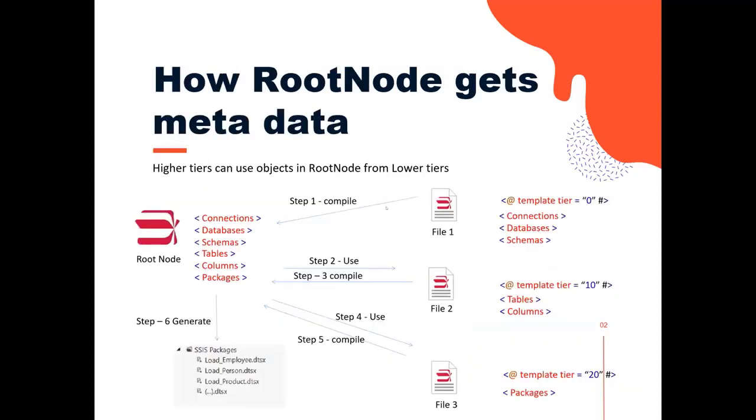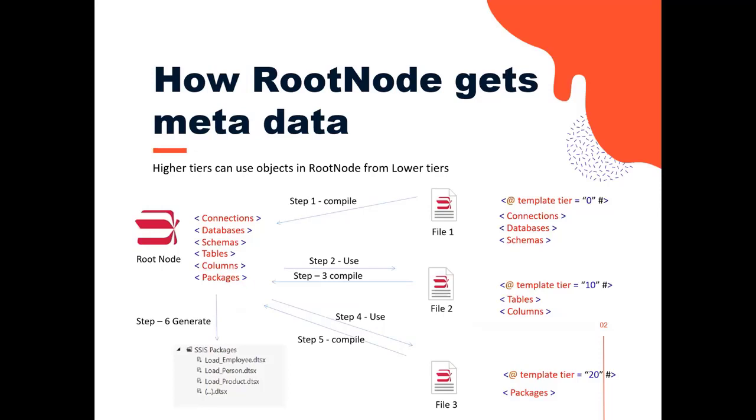Okay, here I have given an example to explain how the root node will get the metadata and how packages will be generated. As you can see, this is a create file. Here I have 3 files.